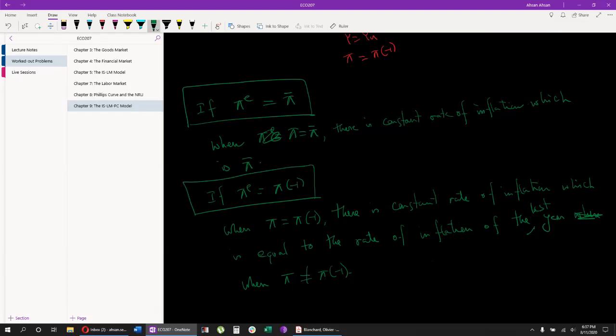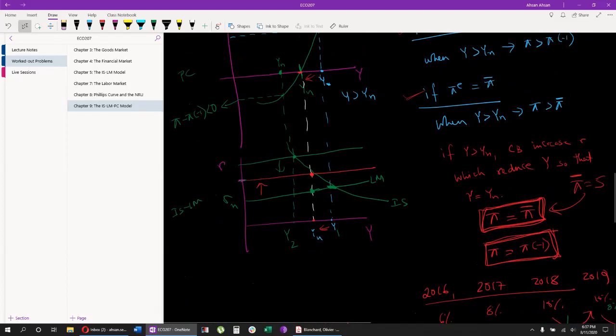But in this case, once we have ensured that inflation is equal to expected inflation, we still have to worry whether or not expected inflation is too high. If it is too high, then what the central bank has to do is, from this level of inflation, they have to go to a very high level of interest rate, and from there they have to come down.